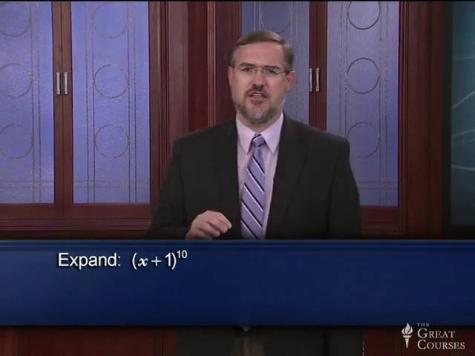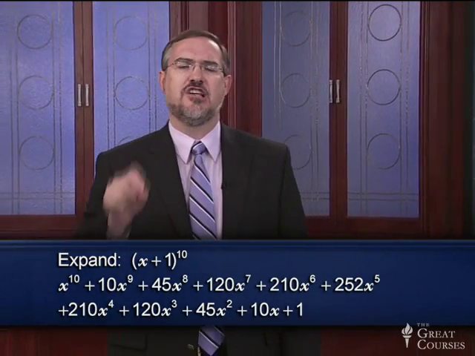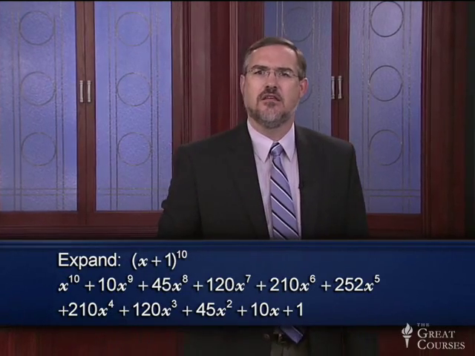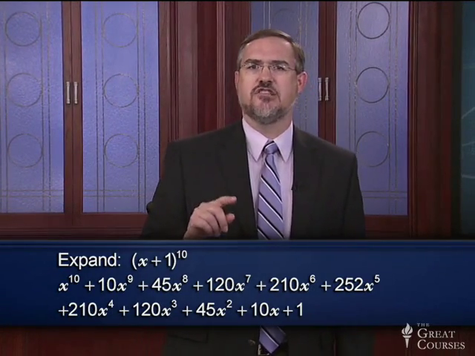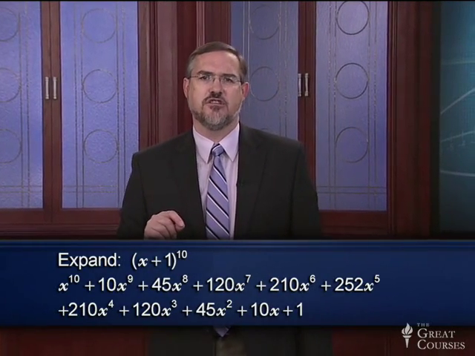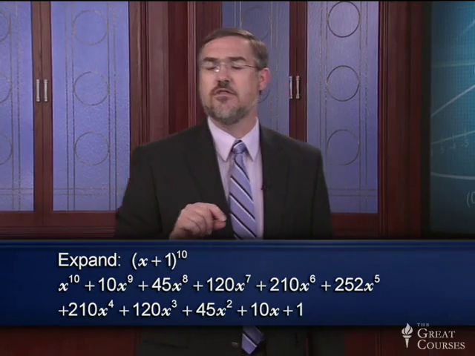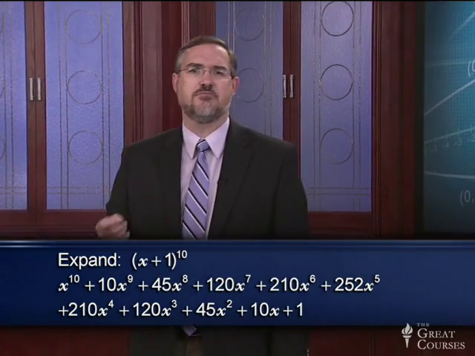x plus 1 to the 10th is equal to 1x to the 10th plus 10x to the 9th plus 45x to the 8th plus 120x to the 7th plus 210x to the 6th plus 252x to the 5th plus 210x to the 4th plus 120x cubed plus 45x squared plus 10x plus 1.